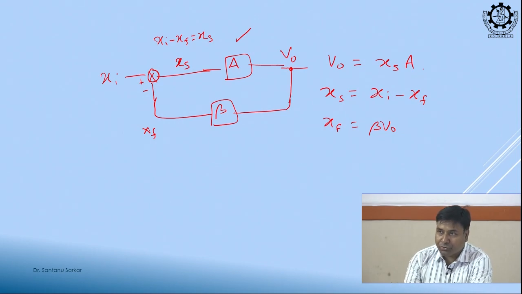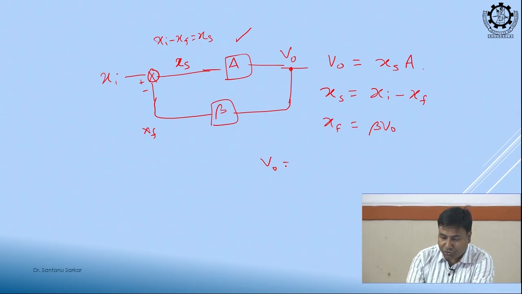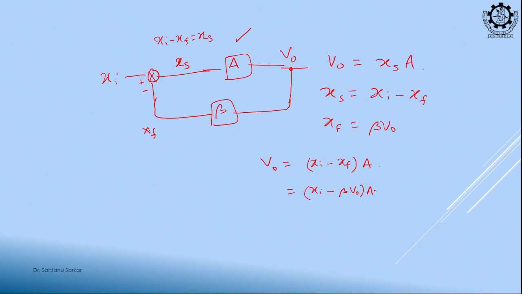So, these three are my equations. If we write again, V0 is equal to (xi minus xf) into A, which is equal to (xi minus beta V0) into A. Now, you take this V0 to one side, what will become (1 plus A beta) V0 is equal to xi into A. So, what is your V0?